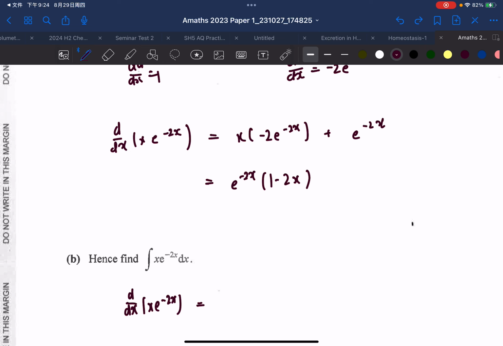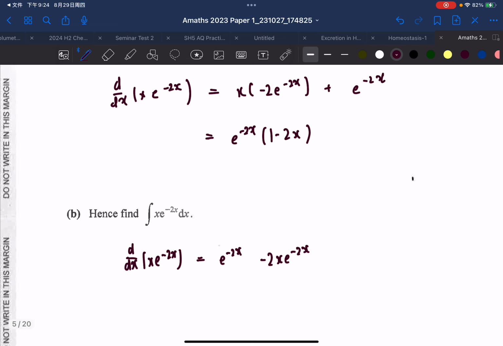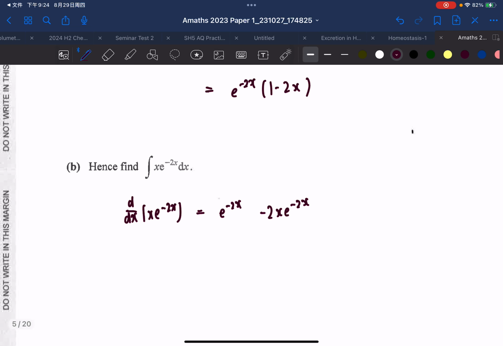So it's equal to e to the negative 2x minus 2x e to the negative 2x. Okay, which means integrating what we have over here dx will give me x e to the negative 2x plus c.